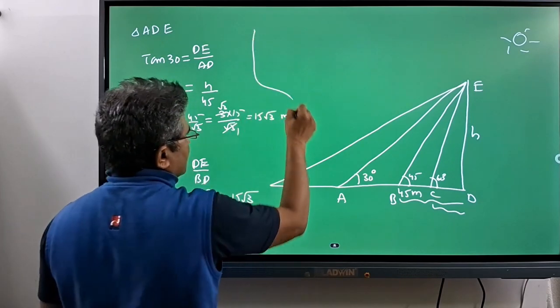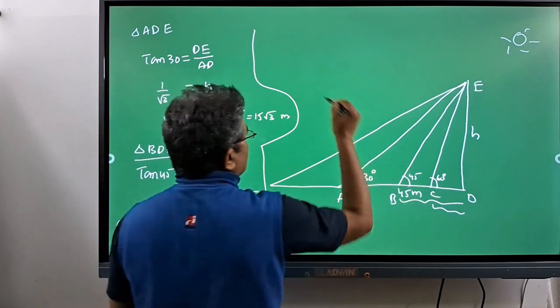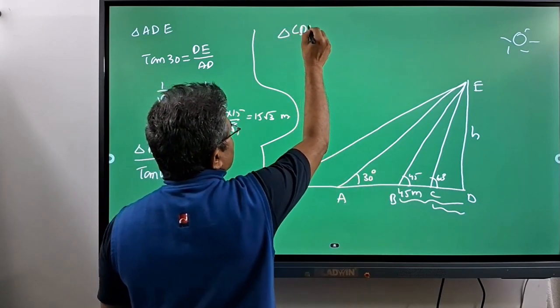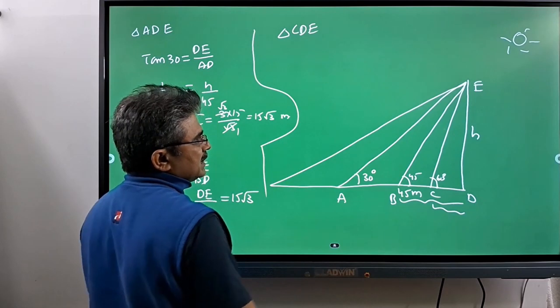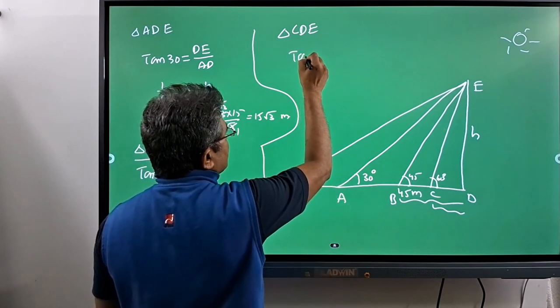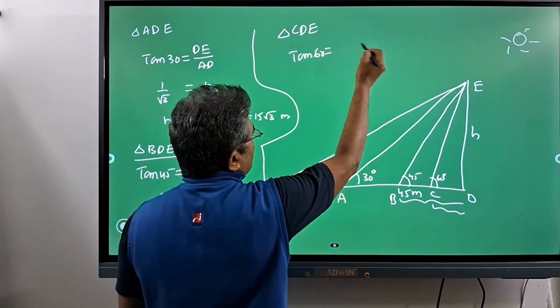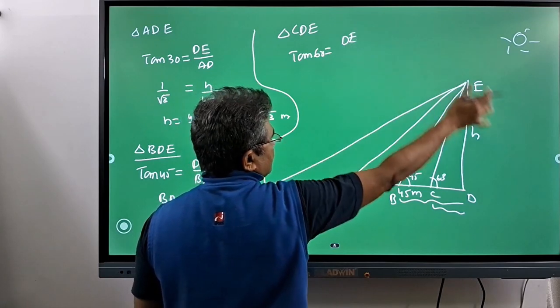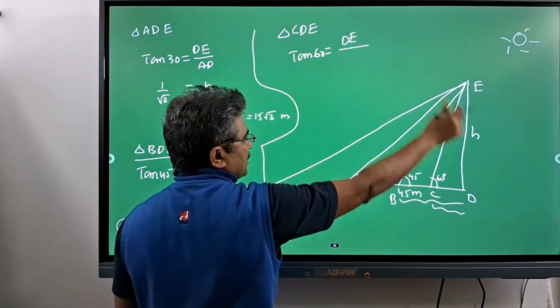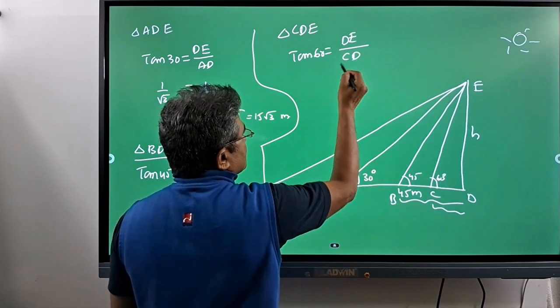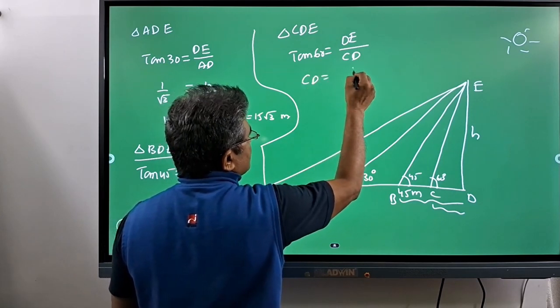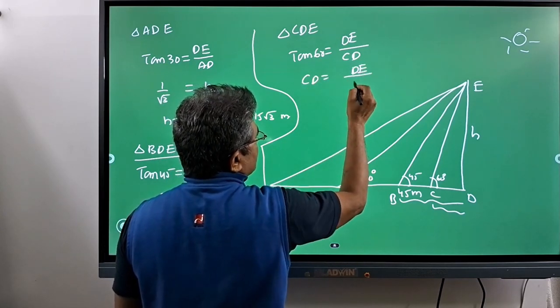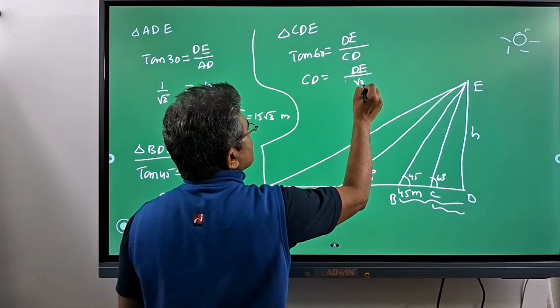Now consider the angle 60 degrees. So triangle CDE. In this, tan 60 is equal to the opposite side DE divided by CD. So CD is equal to DE by tan 60. Tan 60 is root 3.